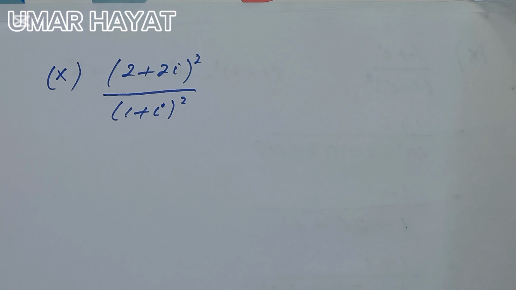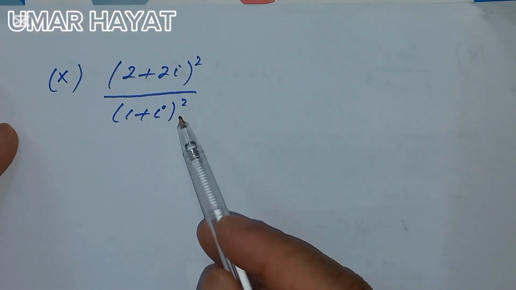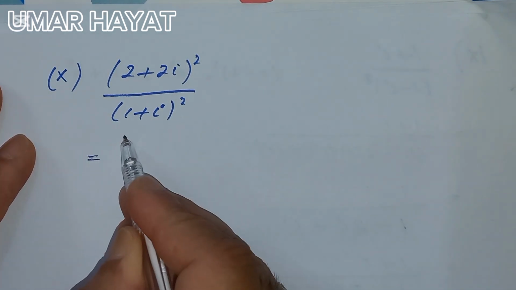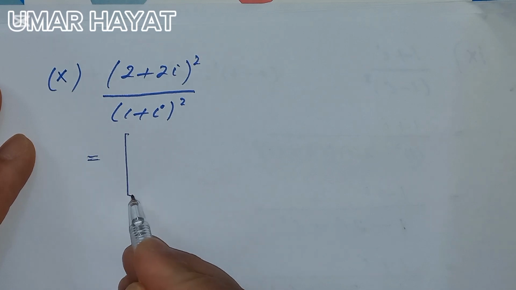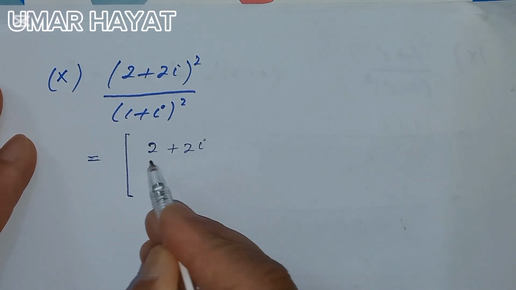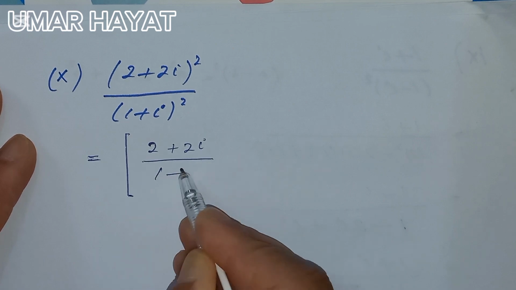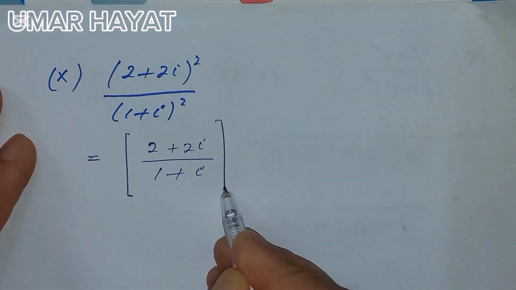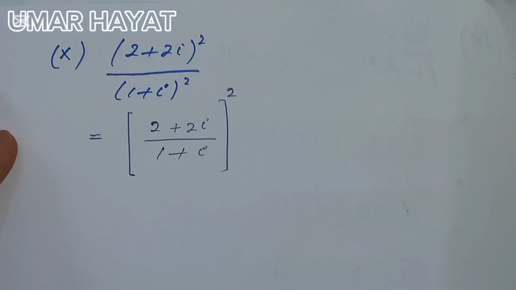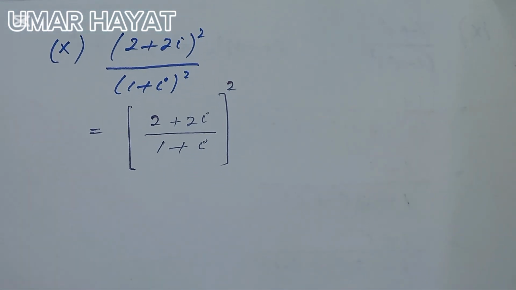So we are able to do this question without expanding, because the numerator has a square and the denominator has a square, so both of them can be written in a square bracket. We put here square bracket (2 plus 2 iota) divided by (1 plus iota) whole square. Because numerator and denominator both have a square, it can be written in a bracket and we put the square sign out of the bracket.